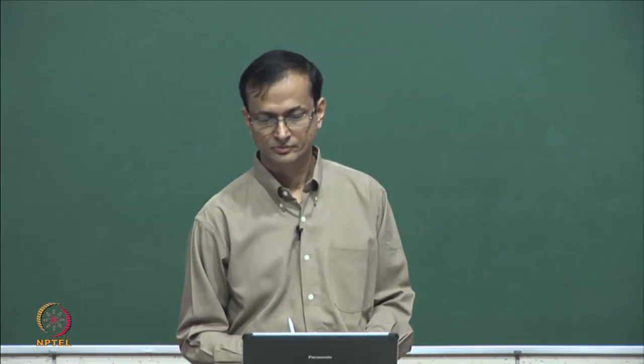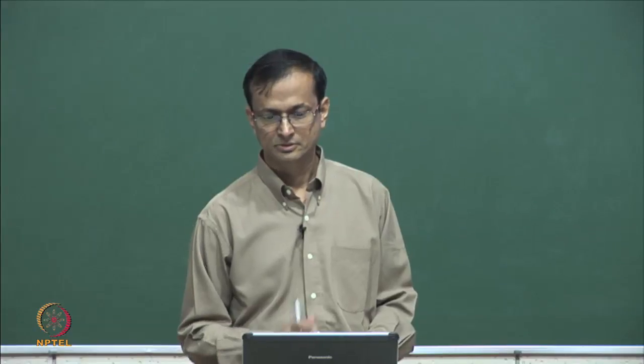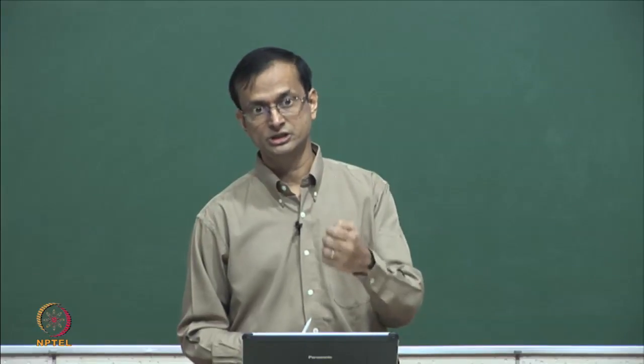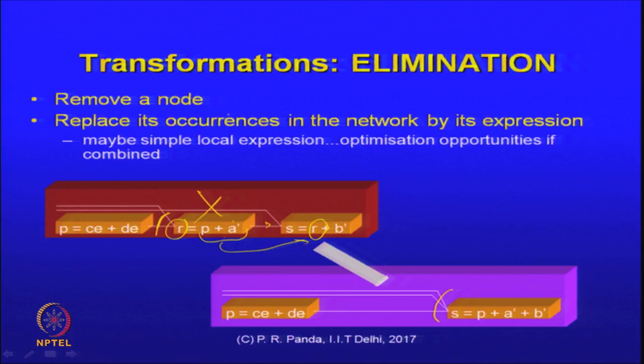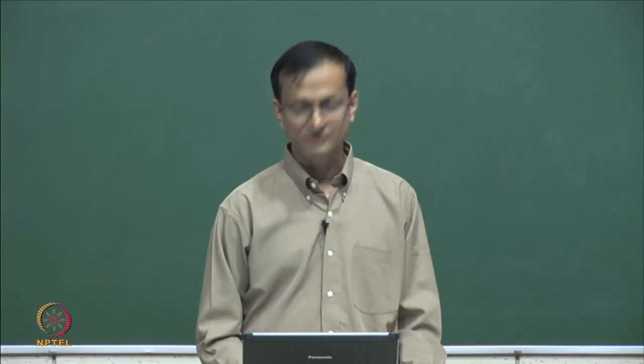We need to store R's value somewhere? This is purely combinational logic. If R has to be stored somewhere, that happens in a separate thing. This is just an intermediate output of a combinational gate, and it is going into another combinational gate. That is why the question was not what happens here, but what happens in the general case.